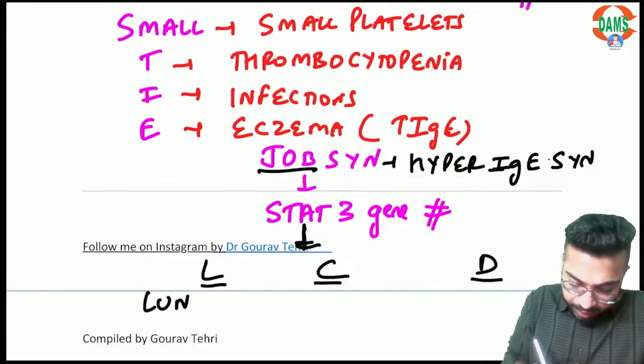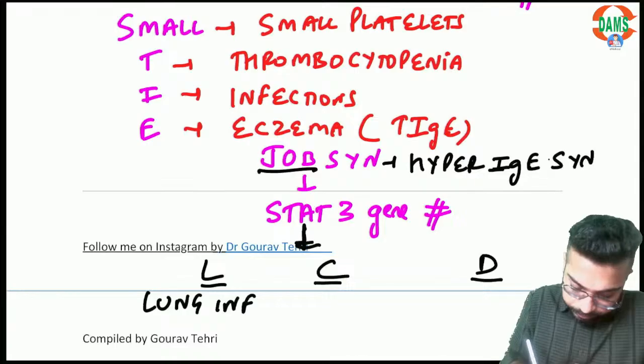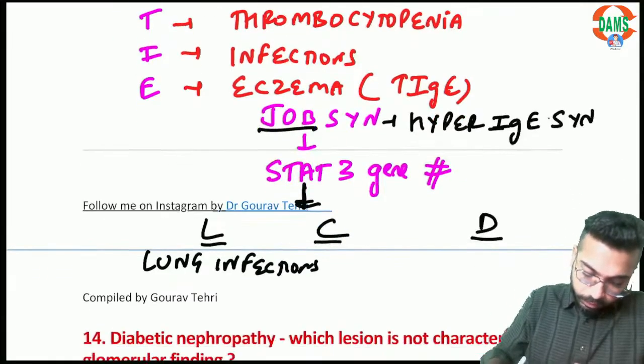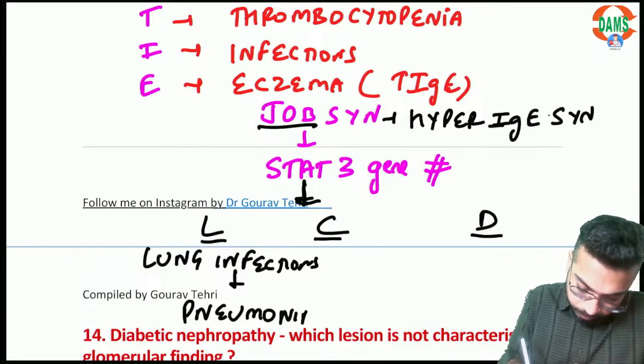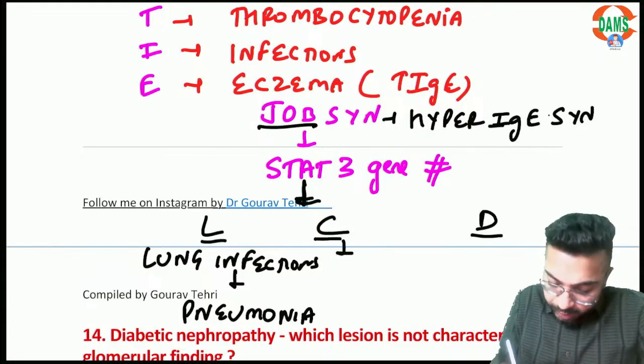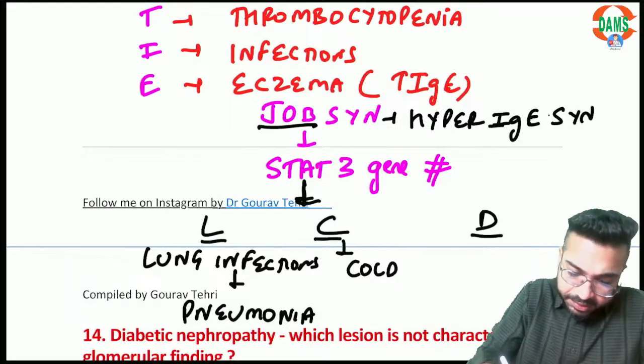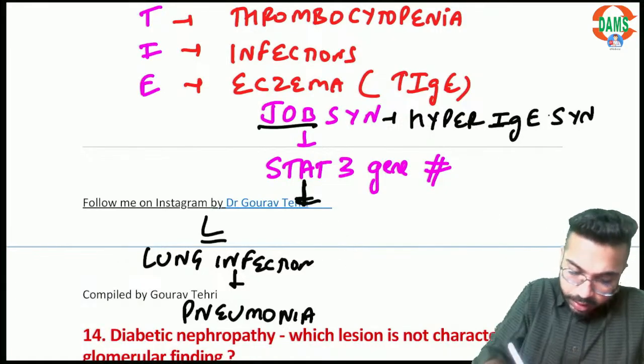L for lung infections, which means pneumonia. C for cold abscess and coarse facies.